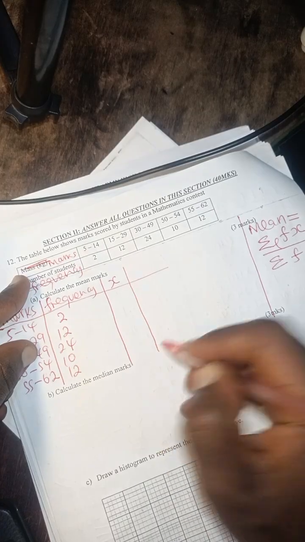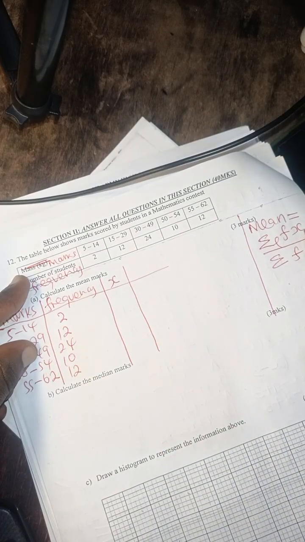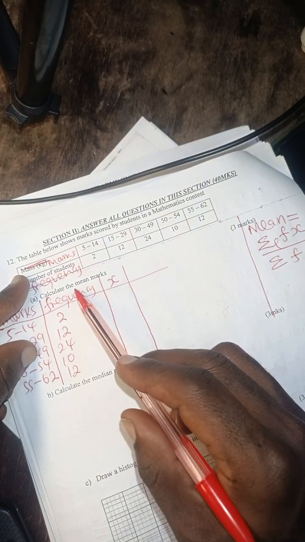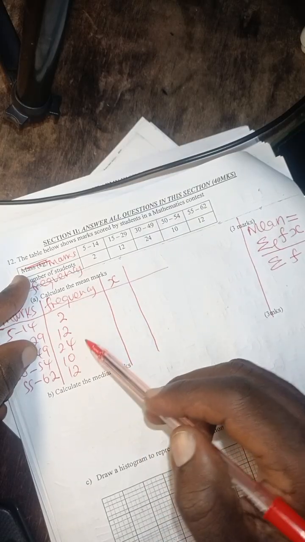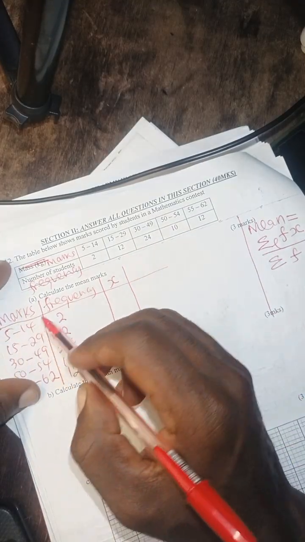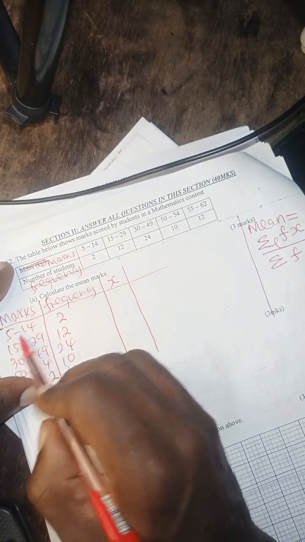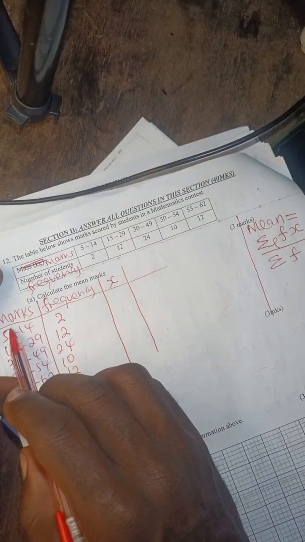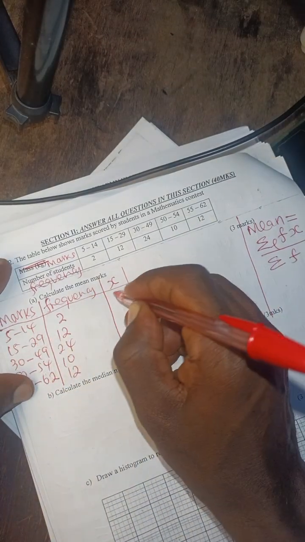I'll need to get x first, which is the midpoint, because I know I have f, the frequency column. I do not have x. How do you get the midpoint? Add the marks, divide by 2. So 5 plus 14 is 19, divided by 2 is 9.5.